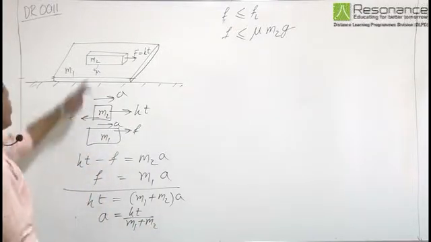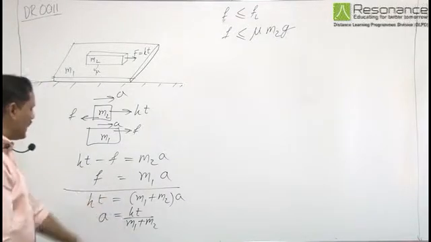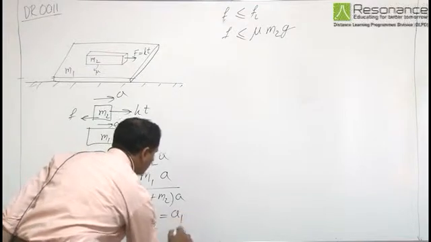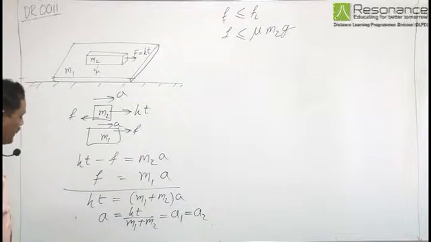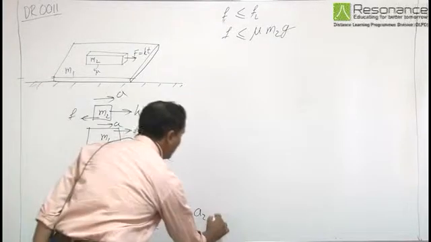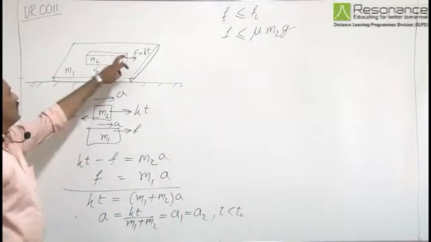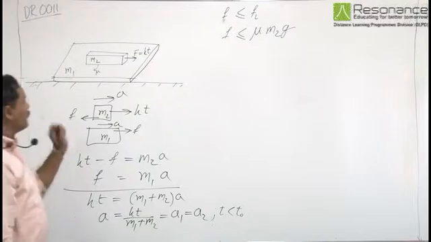As long as friction has not crossed its limiting value, this is the acceleration of mass m1 as well as of mass m2, when time is lesser than the limiting time when friction reaches the limiting frictional force.